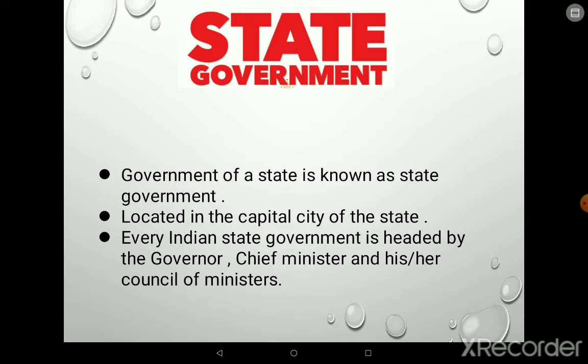Then every Indian state government is headed by the governor, the chief minister, and the council of ministers. The state government makes the laws, enforces them, and runs the state.